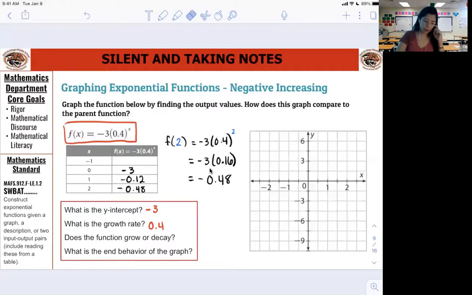Cool. Sorry, I just realized there was a small mistake. It's not -0.12, it's -1.2. I multiplied that wrong in my head. Okay, now going backwards, plugging in my -1, we know things are going to be a little bit weird. What happens when you have a negative exponent?